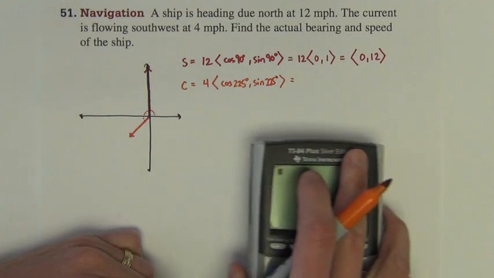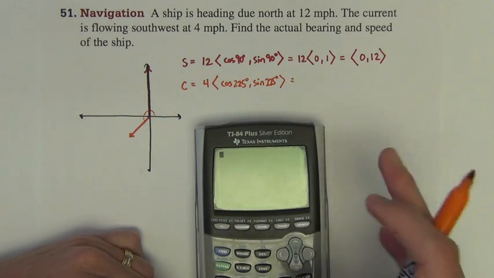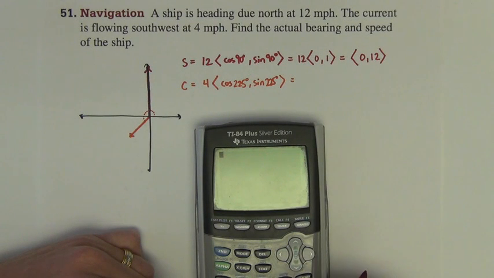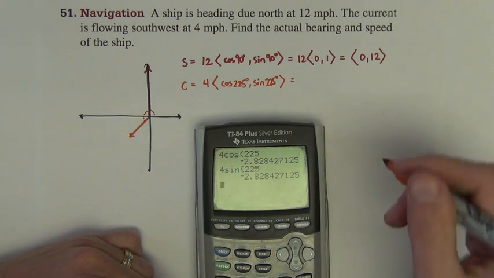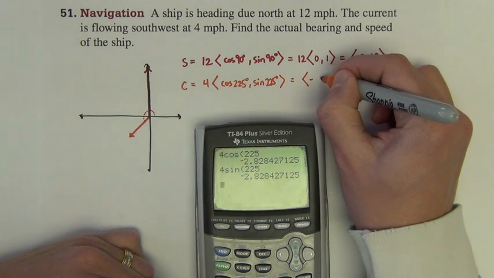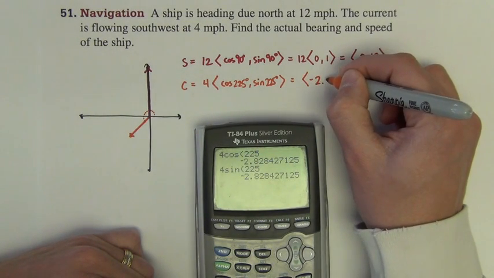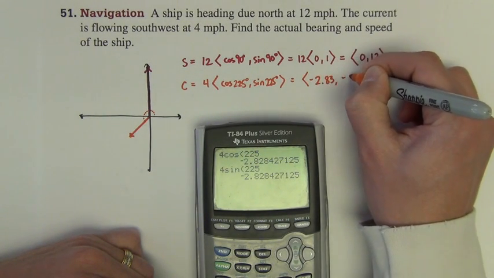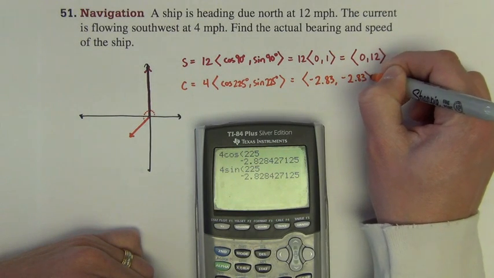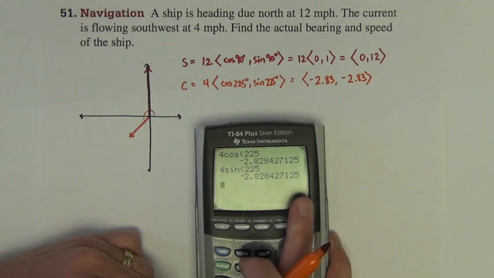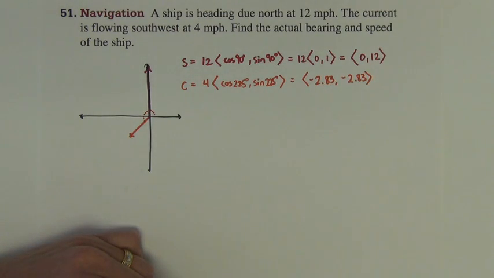Now those are exact known values to me, but they involve the square roots. So I just want a decimal, so I'm going to just type this in. 4 times cosine 225 and 4 times sine 225. So it's negative 2.83, negative 2.83.